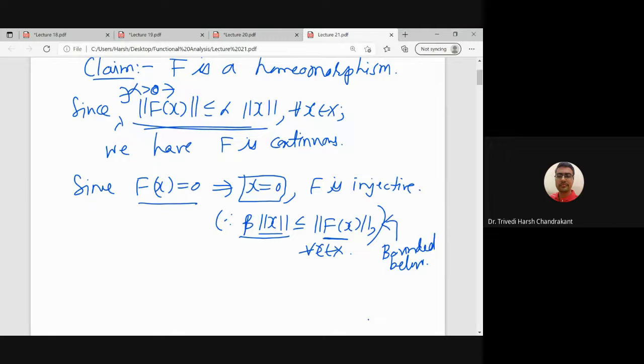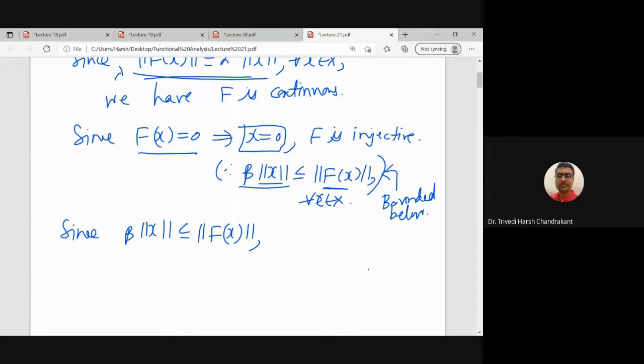Again, in the continuity part, this beta condition will be useful. Since beta norm x is less than or equal to norm of fx, to check that f inverse, which is a map from range of f to X, is continuous, we need a sequence in the range.